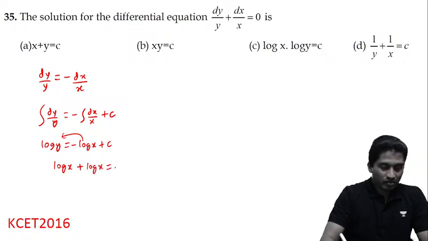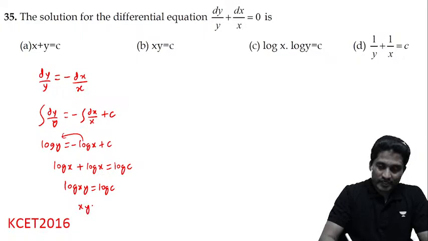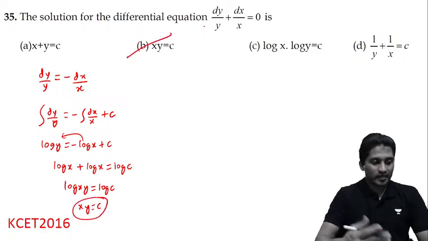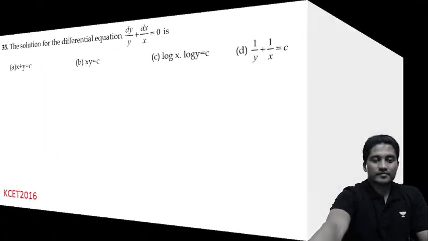C can be written as log c. So log m plus log n is log m into n. So I can write this as log of x into y equal to log c. If I equate the corresponding values, you get x into y is equal to c. That is option B. Right? Let's move to the next question.